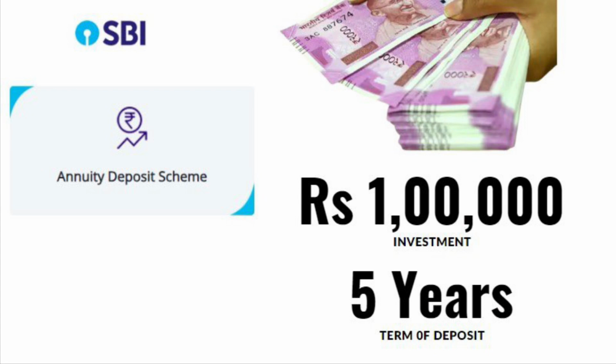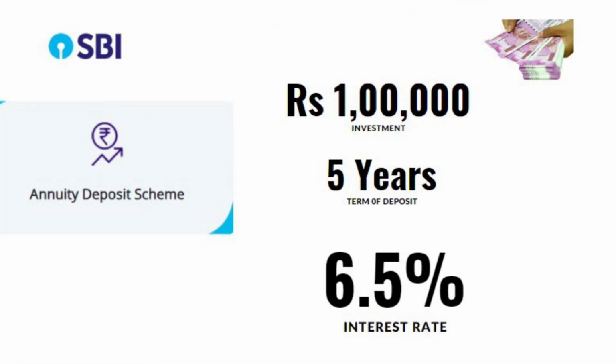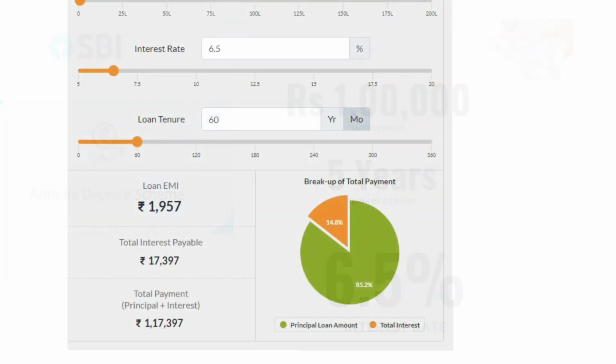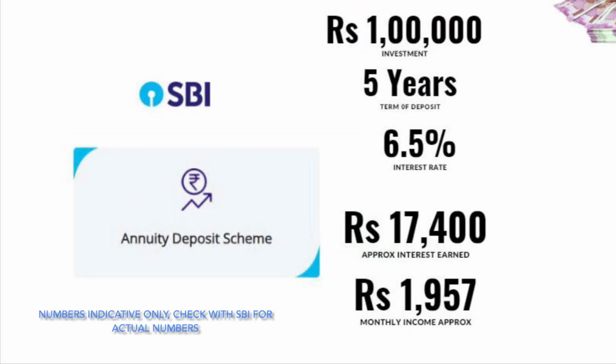Let us say you deposit ₹1 lakh in the SBI Annuity Deposit Scheme for a 5-year tenure. The bank would offer an interest rate of approximately 6.5%. The bank would calculate the compound interest on this and pay you an EMI. The EMI will include part of your principal deposit of ₹1 lakh and the interest calculated on the decreasing principal.